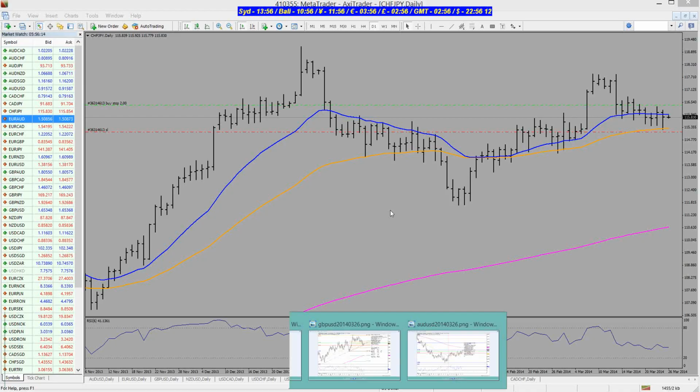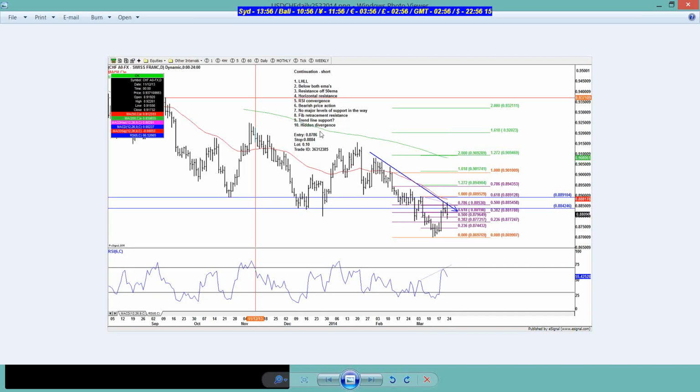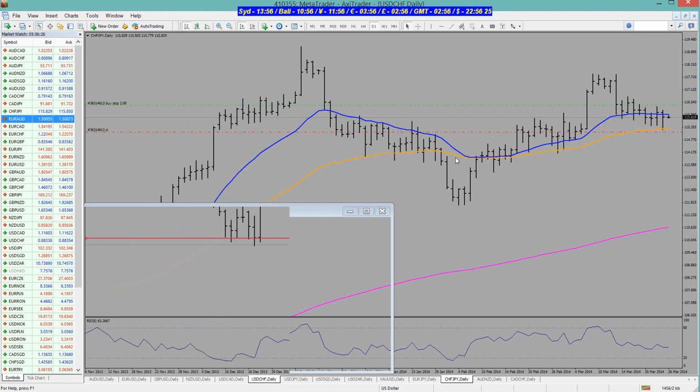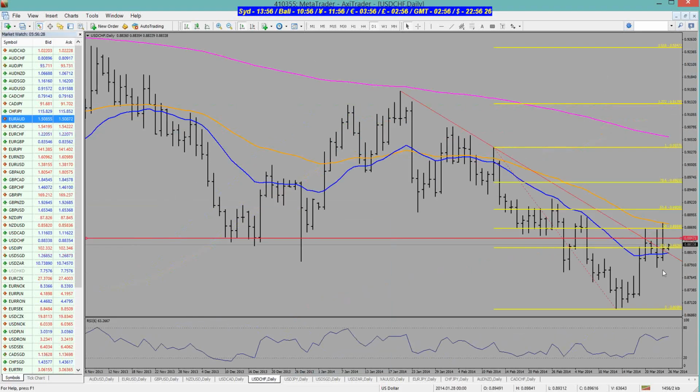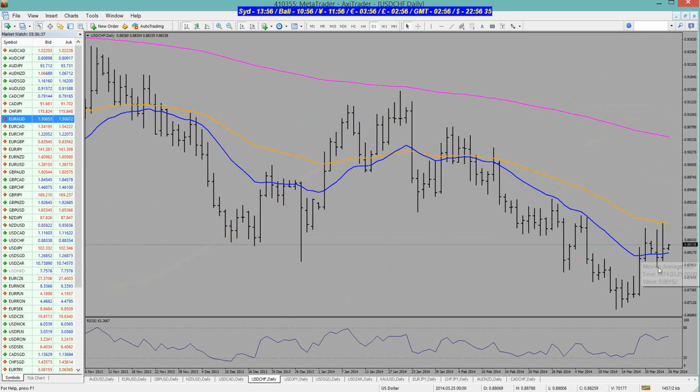Dollar Swiss, divergence, trendline support. Yeah, I'd say trendline support. Sort of went through this. Is it there now? No, you still have sellers.